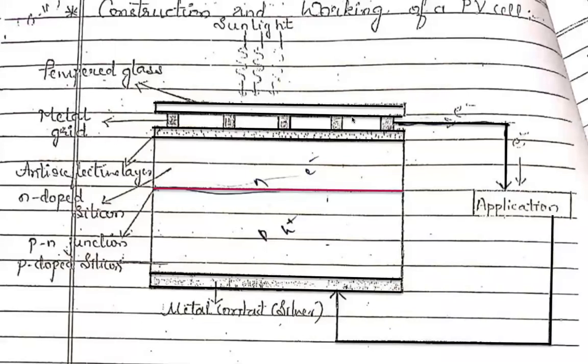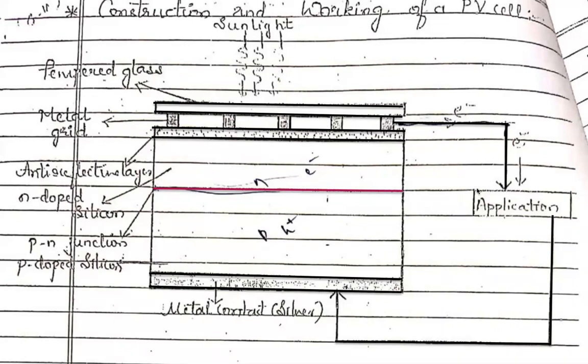So what is a photovoltaic cell? Photovoltaic cells are called solar cells, and these are semiconductor devices in which sunlight can be directly converted into electricity.